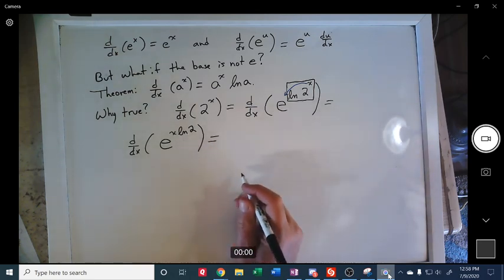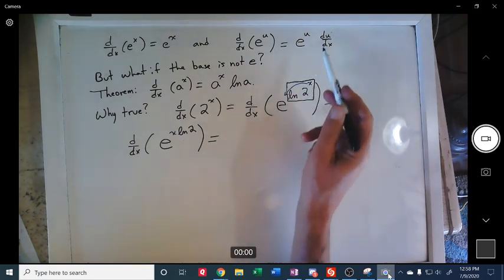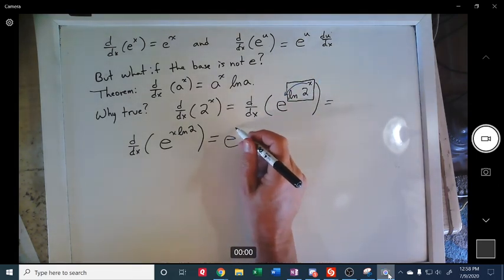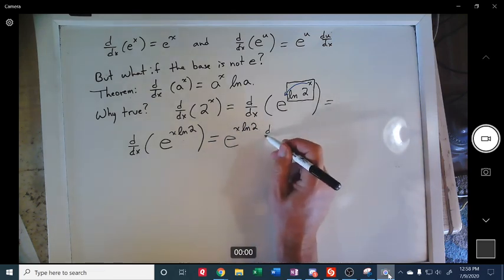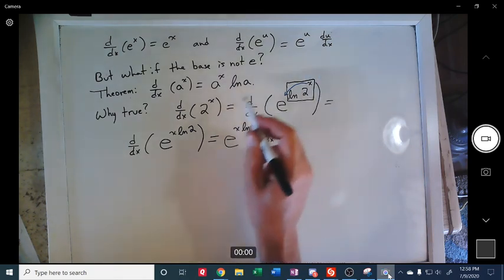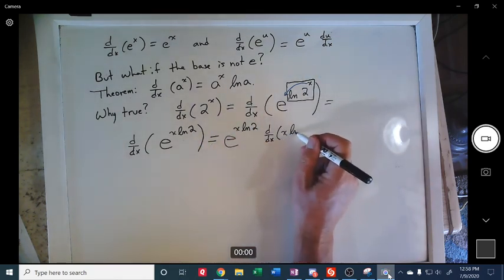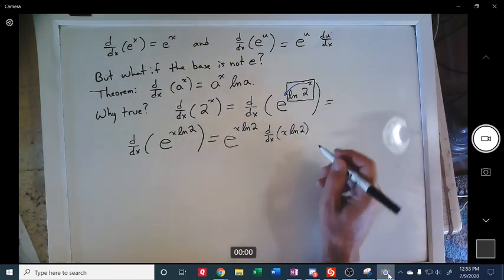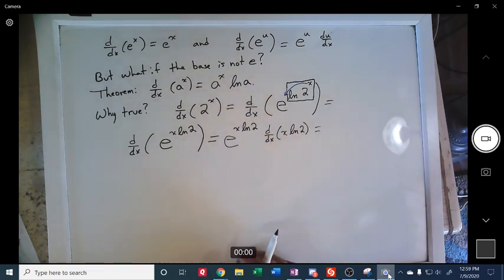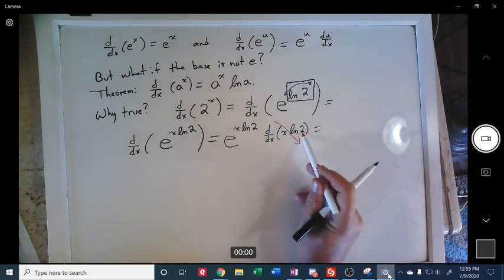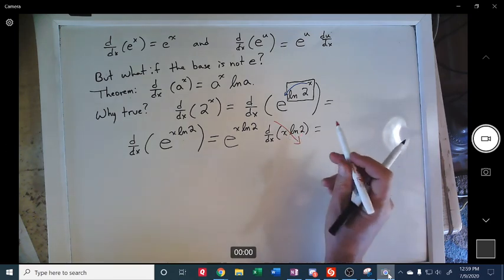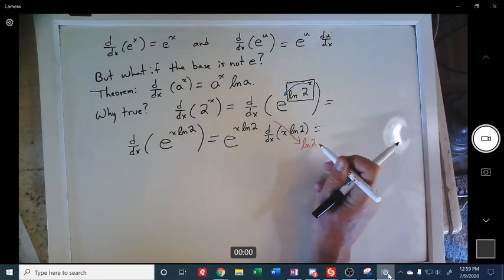The derivative of e to the u is e to the u times the derivative of the u. Now, this derivative, well, ln2 is just a constant like the number 5. And the derivative of 5x would be just 5, so the derivative of this is just ln2.